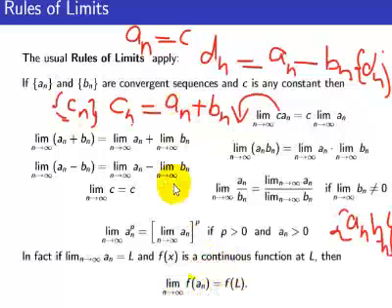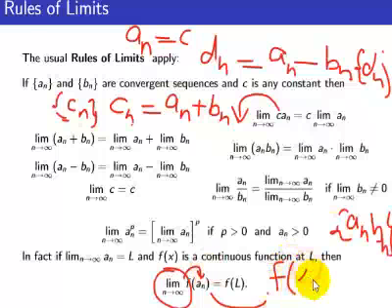If the function is continuous, you can take this limit inside of the function f of limit as n goes to infinity of a sub n.